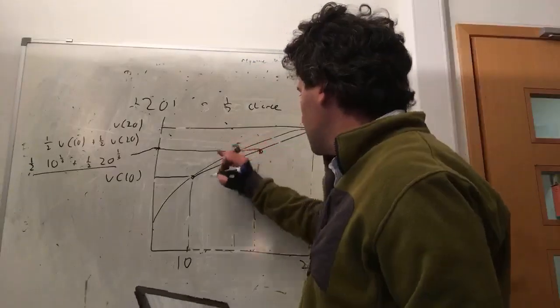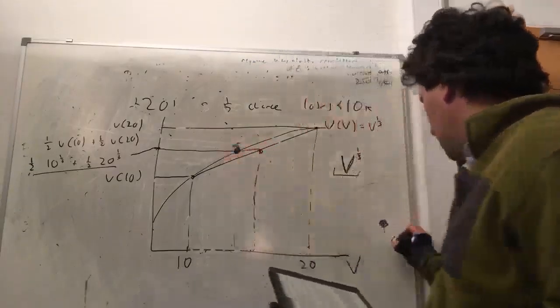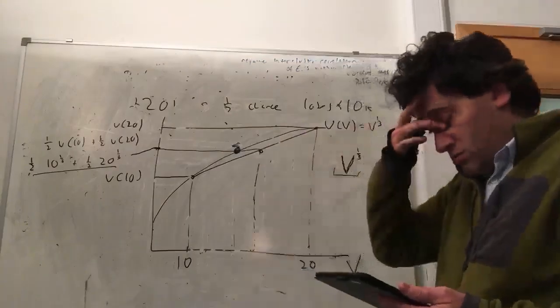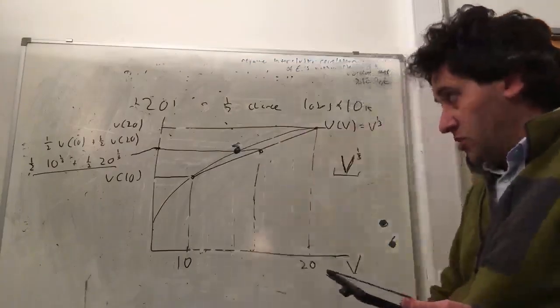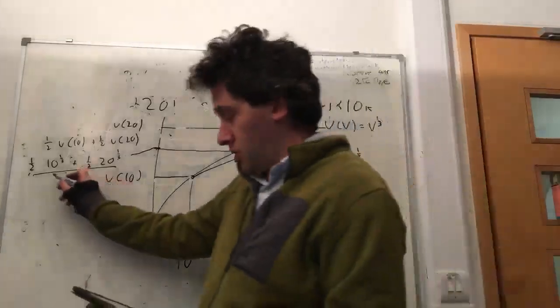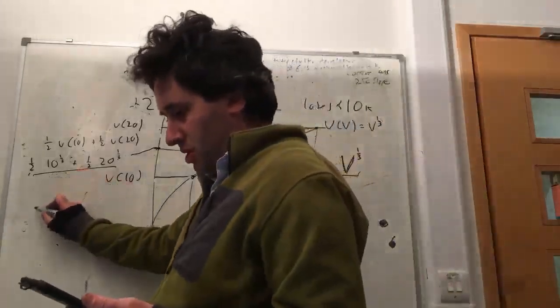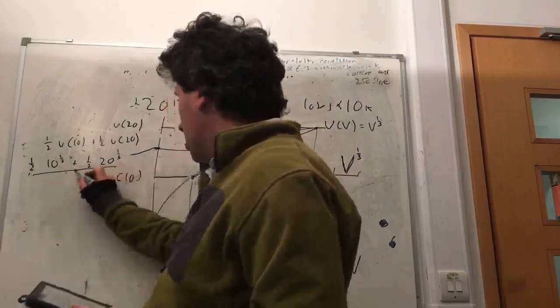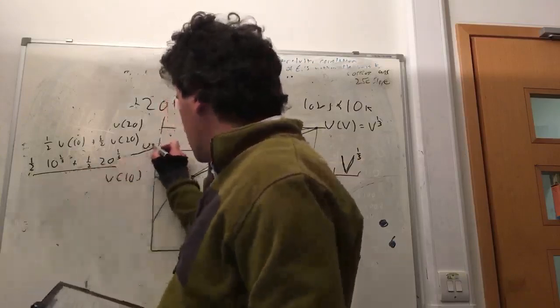Trying to figure out what is this big blue dot. It's black now. It got corrupted. Okay. All right. So without insurance, we'll call this utility UA.